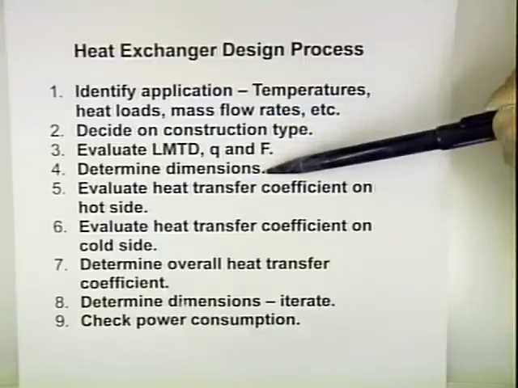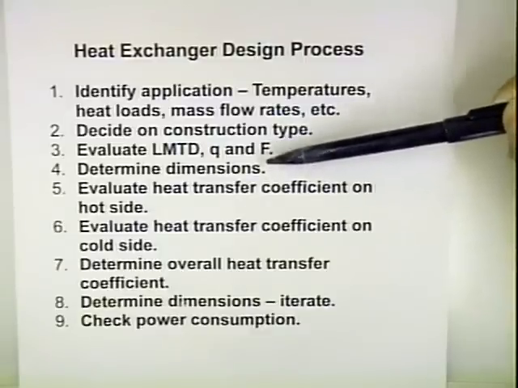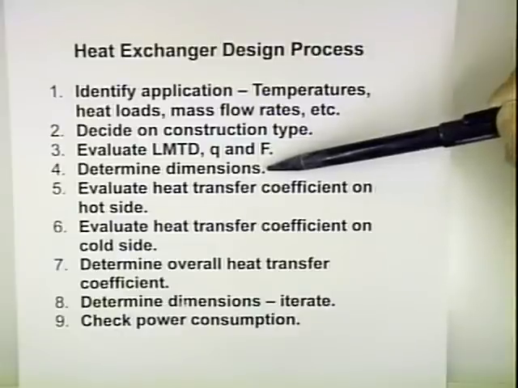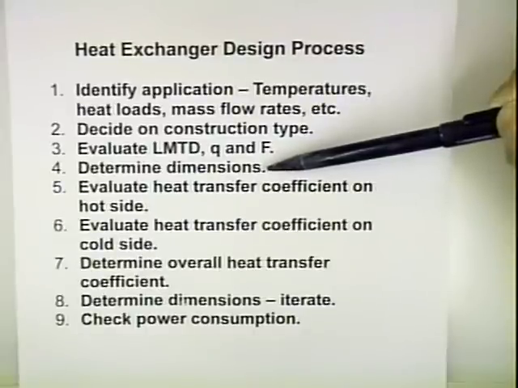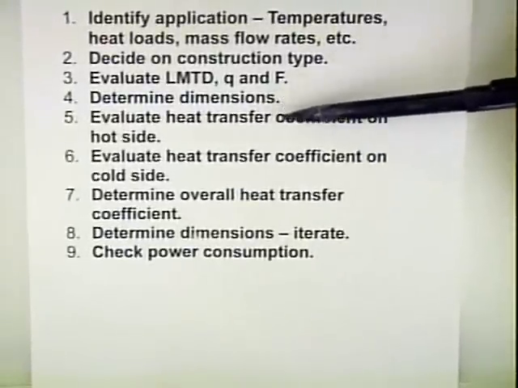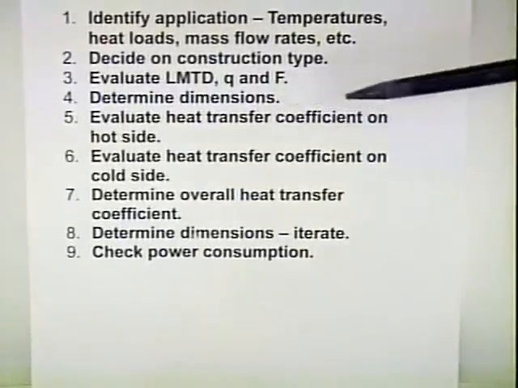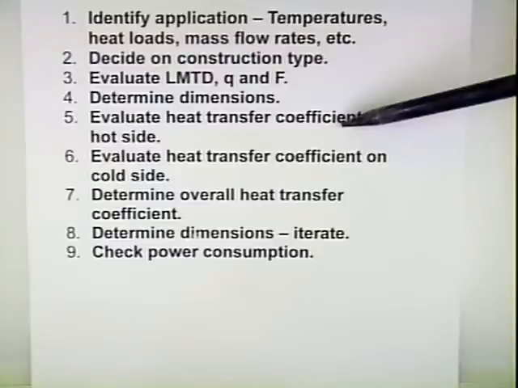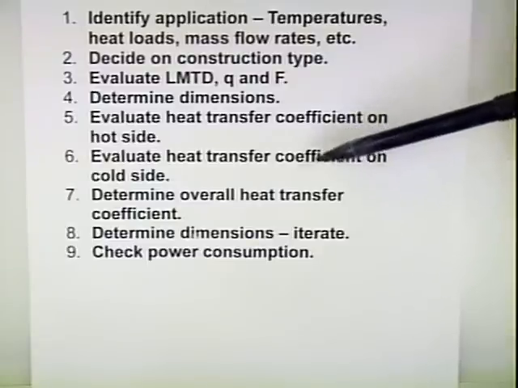Then we determined the dimensions, and this is something that is based on experience and judgment. If you don't have that yet, you just have to pick some numbers and develop your experience. So we picked some numbers and plugged them in. Then we evaluated the heat transfer coefficient on the hot side of the flow, and on the cold side.